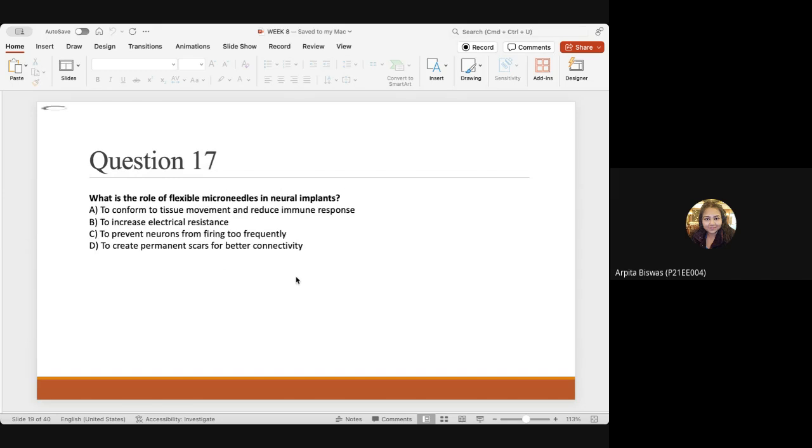So next move toward question number 17. What is the role of flexible microneedles in neural implant? First option, to conform to tissue movement and reduce the immune response. Second option, to increase the electrical resistance. And option C is to prevent the neurons from firing too frequently. Option D is to create the permanent scars for better connectivity.